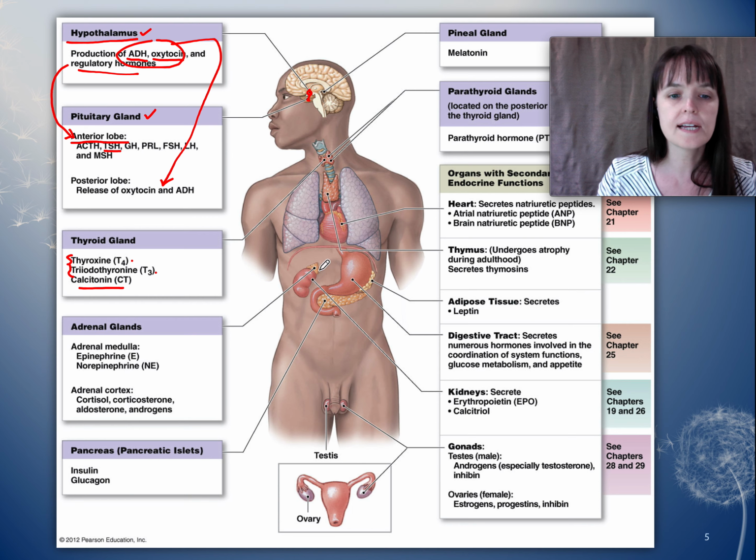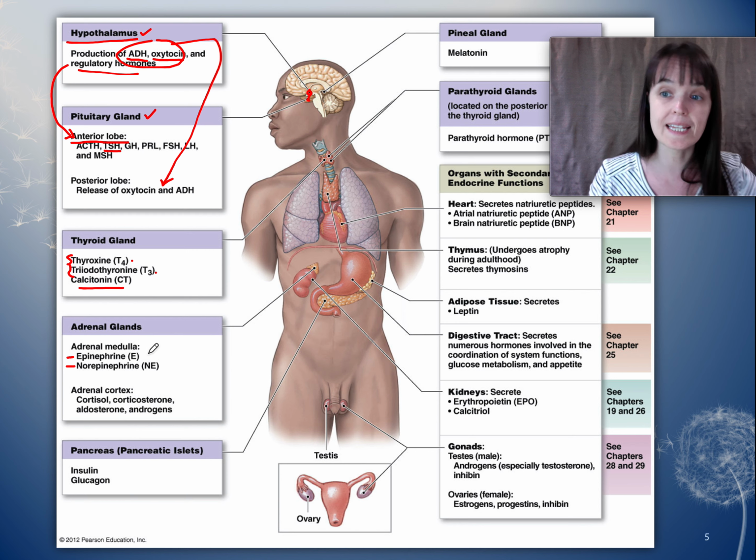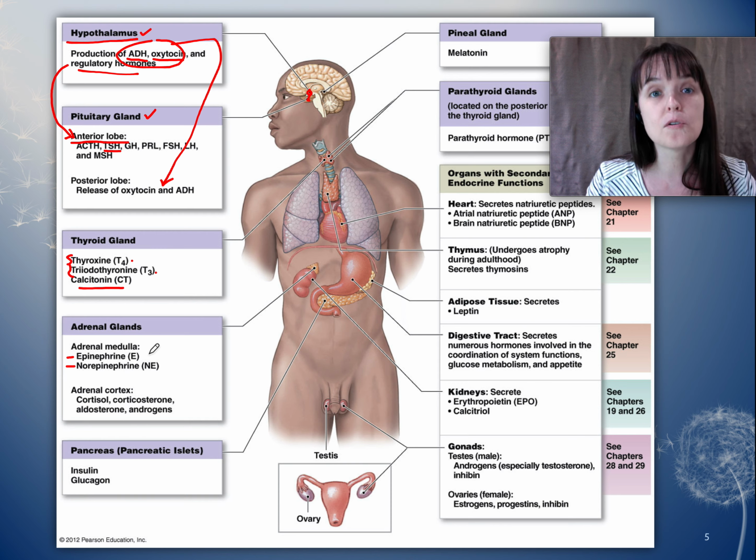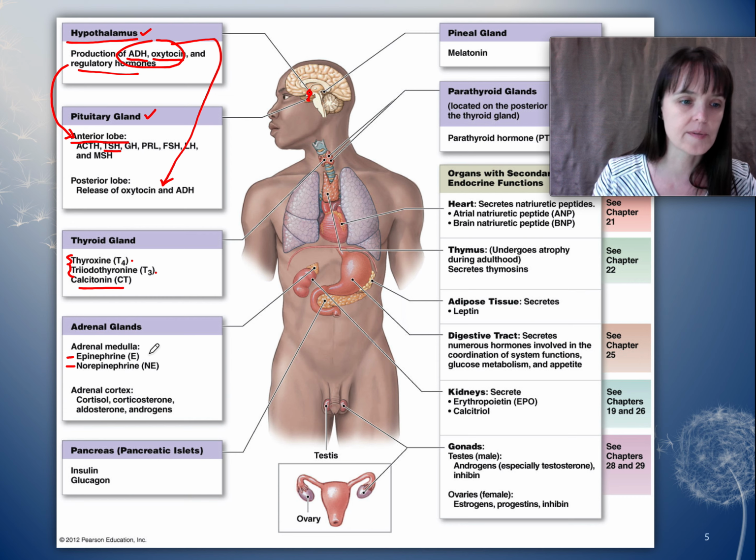The adrenal glands make adrenaline and noradrenaline, which are now called epinephrine and norepinephrine. And this is the adrenal medulla, which is the squishy gooey filling in the center of the adrenal gland. It makes these sympathetic hormones under direct neural control of the ANS, the autonomic nervous system, sympathetic part, of course.